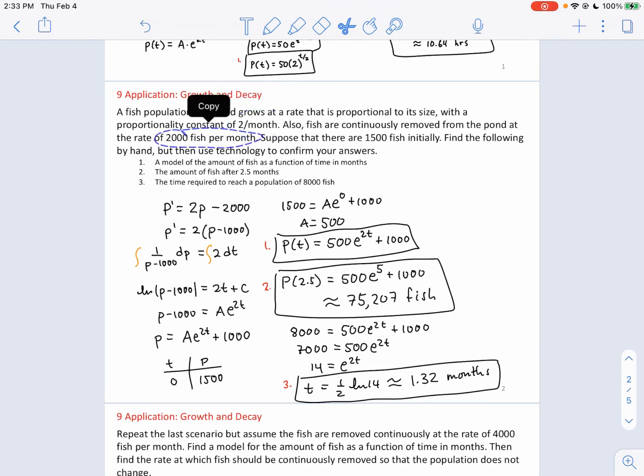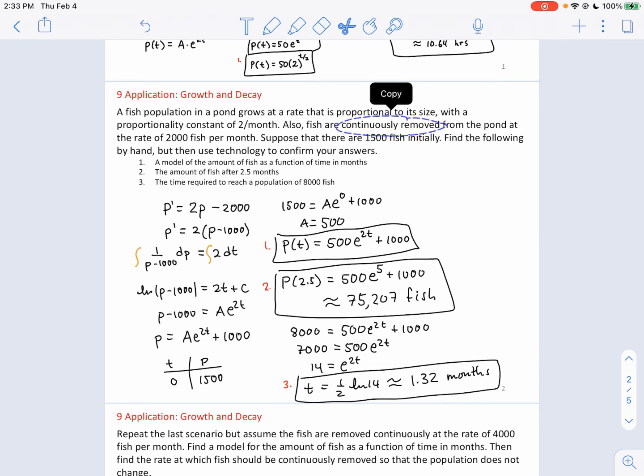Even though we were taking 2,000 fish. And keep in mind, I said continuously removing. So that really you have to imagine is like a steady stream of fish leaving. It's not like you wait a whole month and then you remove 2,000 fish, which is really what would happen in reality, right? You would harvest the fish at certain moments in time, as opposed to a steady stream of fish being harvested.